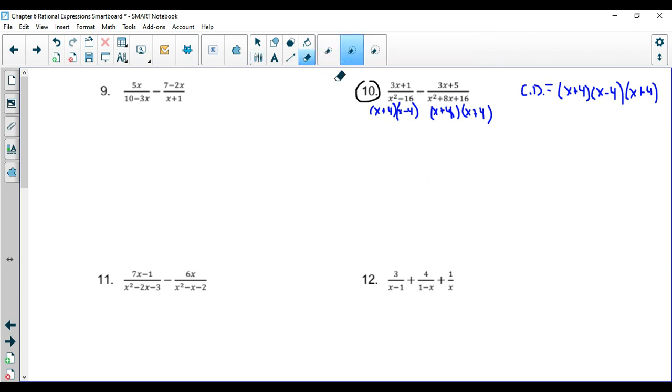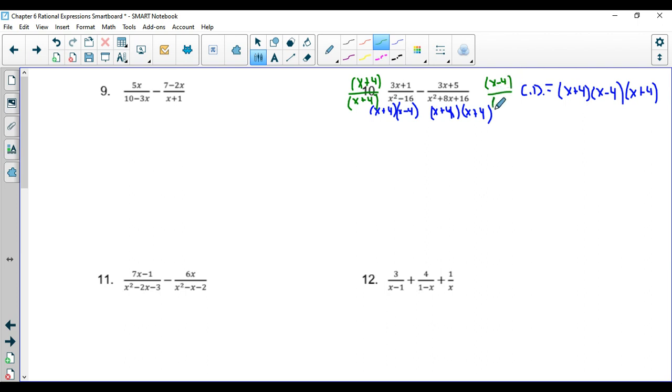Once we do that, we are going to multiply the missing common denominator factor to both top and bottom. So this has an x plus 4, it has an x minus 4, but it's missing the additional x plus 4. So I'm multiplying top and bottom by x plus 4 over x plus 4. The second fraction has both of the x plus 4s, but is missing the x minus 4.